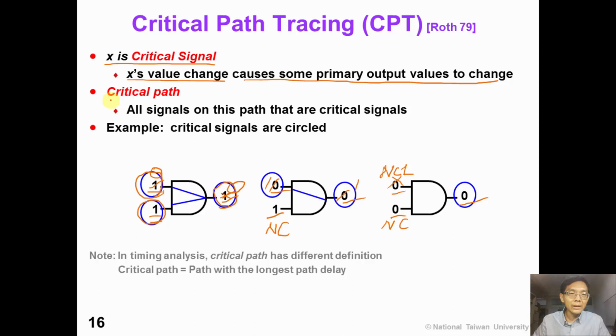And we define that a critical path means that all signals on this path are critical signals. So the critical paths are highlighted in blue lines. Please note that in timing analysis, critical path has a different definition. In timing analysis, a critical path means a path with the longest path delay.